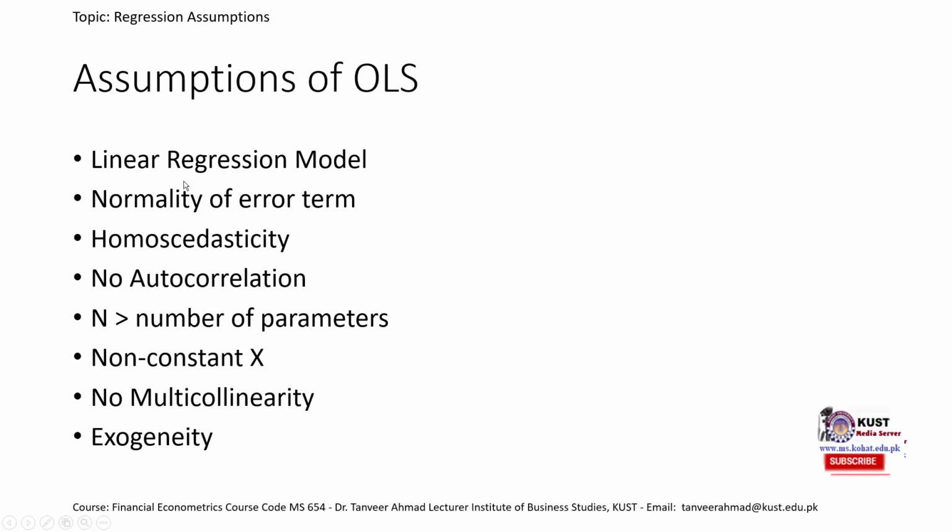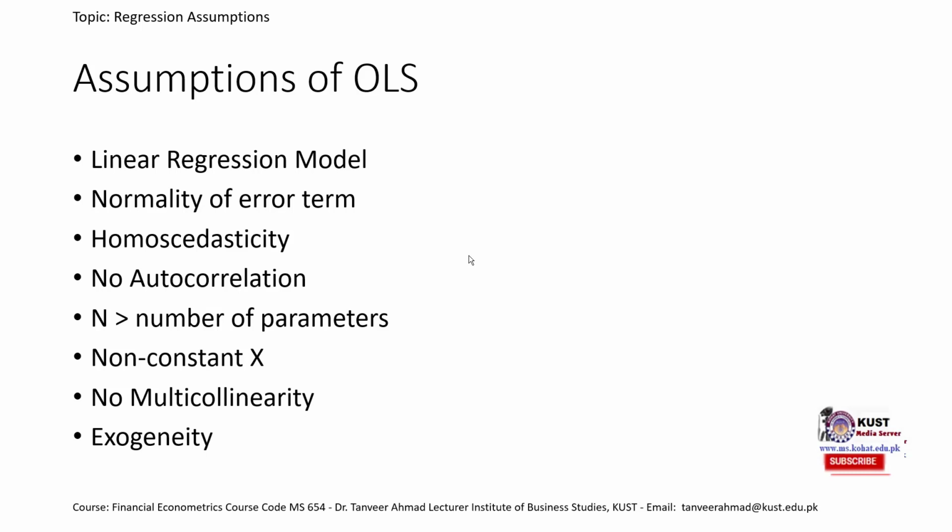So let's start with the first one, the linear regression model. Before I move forward, what these assumptions do is that they affect either the coefficient or the standard error. If these assumptions are not fulfilled, they wouldn't be reliable.